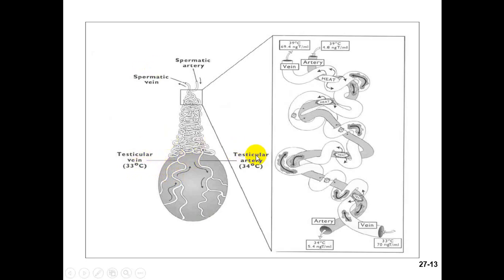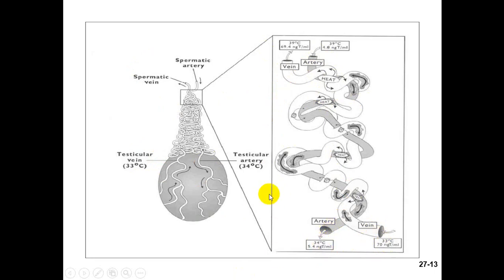But the testicular artery is of hot temperature because it's just coming from the heart through the internal iliac, the common iliac, or the abdominal aorta. So we can see that the veins carry blood of a lower temperature, 33 degrees, and the artery carries 34 degrees.